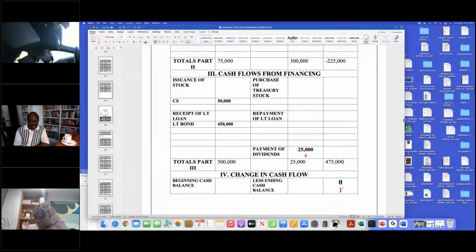So we calculate zero from parts 1, 2, and 3 as a change in cash, which is what we said it was going to be anyway. That's what we said it was going to be, zero. So we do the calculation and it's zero.